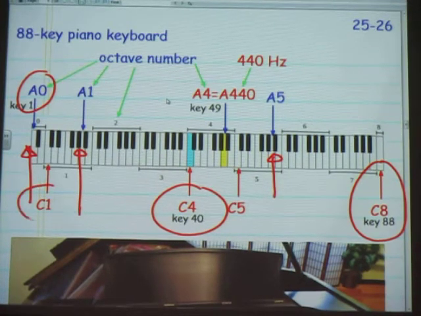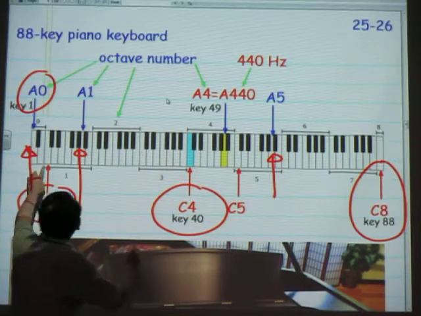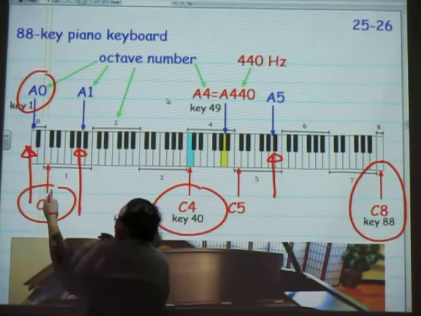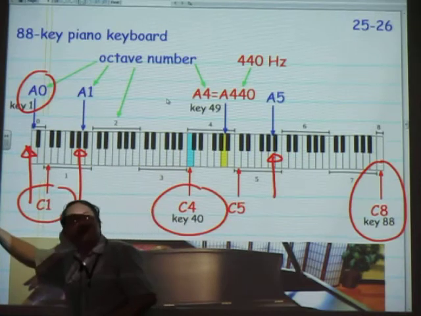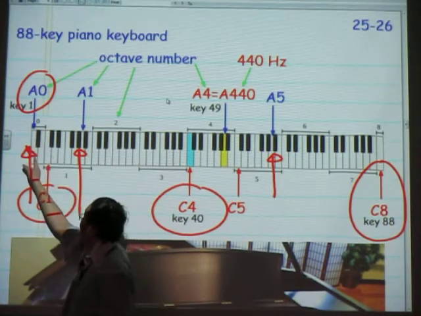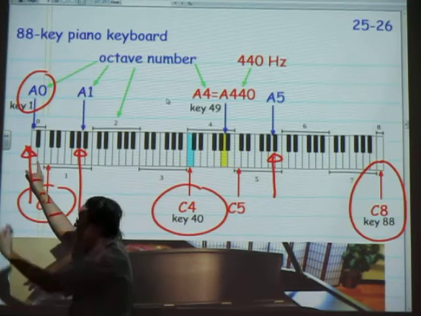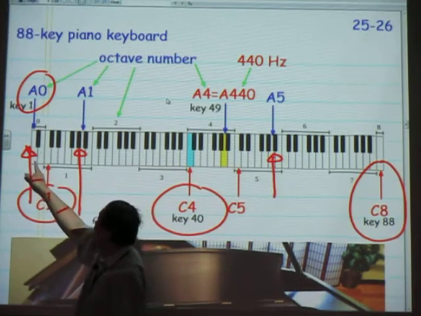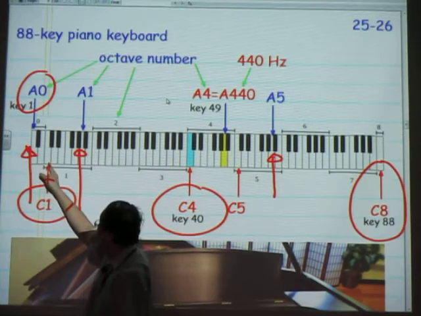Now, for some reason, the beginning of an octave is the C note. So you see here, this is C1, and before the note C1 is octave 0. That's why the leftmost key, key number 1 on the piano keyboard, is A0, and then you have B0, and then you have C1, right?